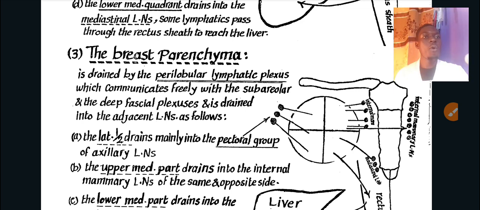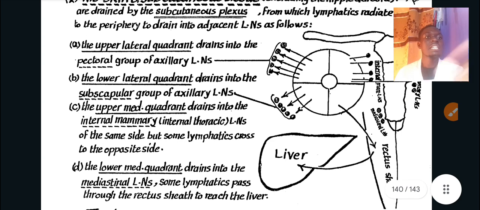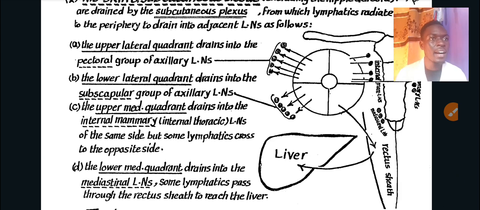Now, in case a woman, or a person, has maybe a tumor in the upper lateral quadrant, we expect the metastasis to take place into the pectoral lymph nodes or the anterior axillary lymph nodes. In case they have a tumor in the lower lateral quadrant, we expect it to be in the posterior axillary lymph nodes.